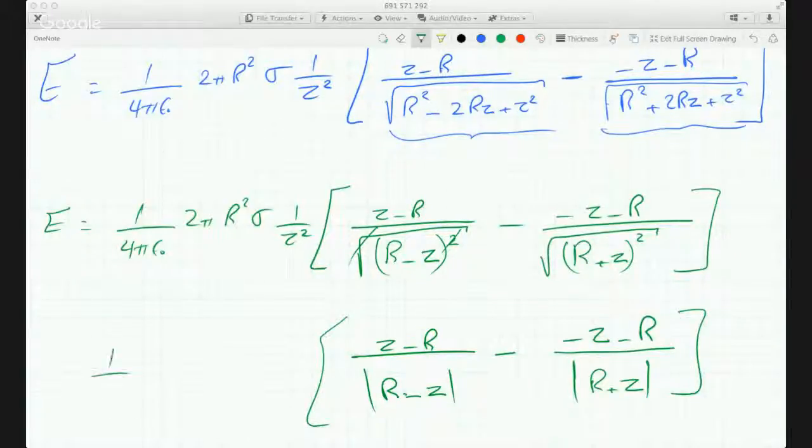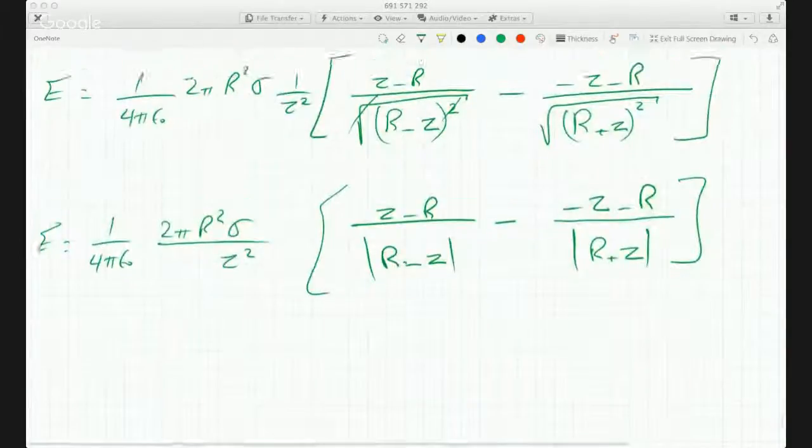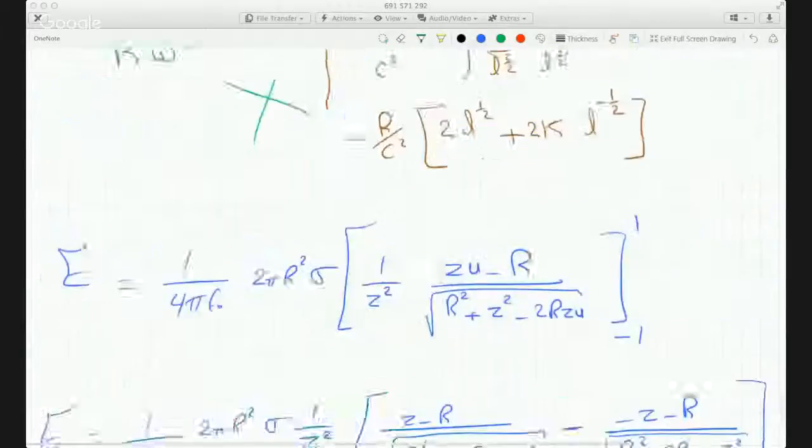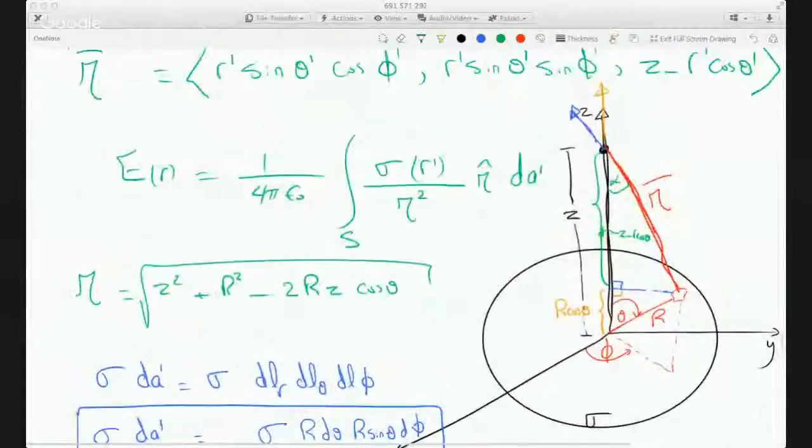And we have 1 over 4 pi epsilon 2 pi r squared sigma over z squared. Okay, now you have to be careful here. If you are outside the sphere or the shell, if z is greater than r, that means we are outside the shell.